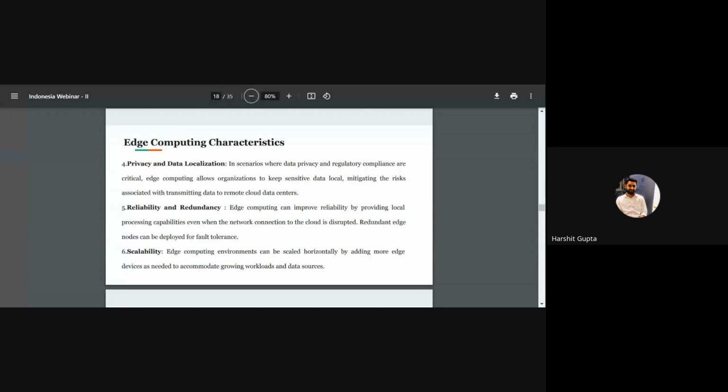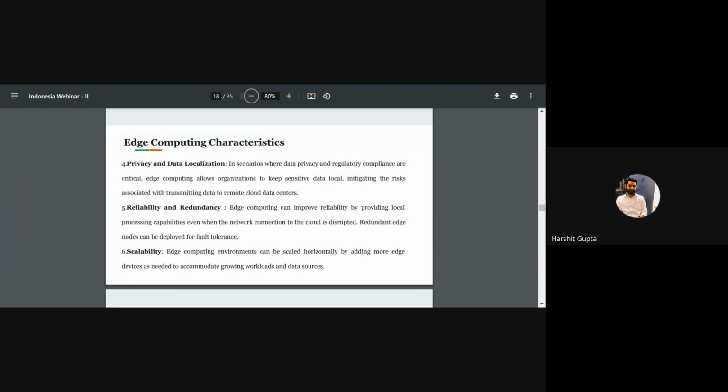Next is privacy and data localization. As we can simply imagine, if my data is processed at the place where it is generated, that would be more secure. If the data is analyzed at a central server located very far from the data generating device, would that be as secure?